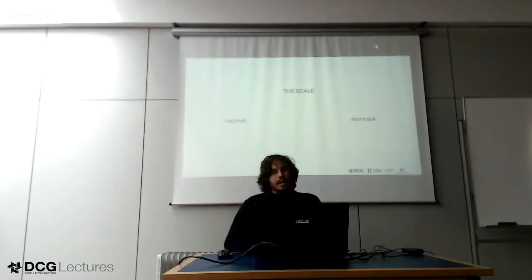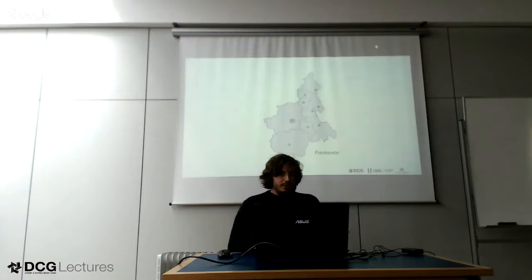We analyzed this work at two different scales, a regional one and a municipal one, so a high scale and a local scale. The case study was the entire region of Piemonte, all 9 provinces and all 1,206 municipalities.